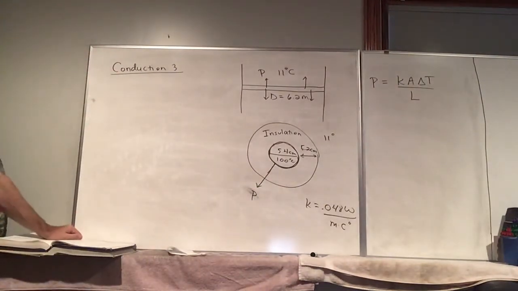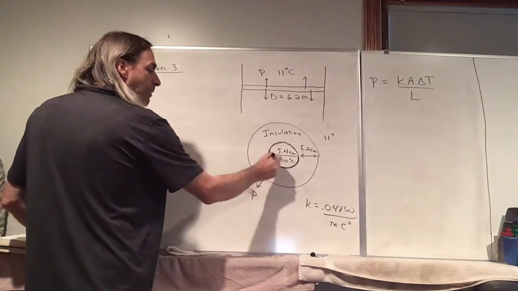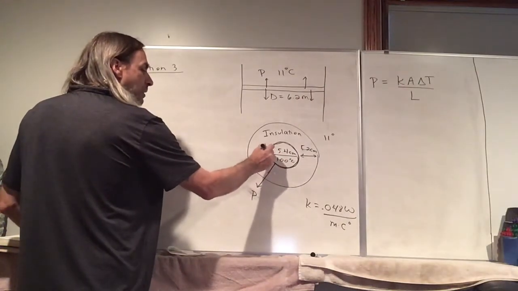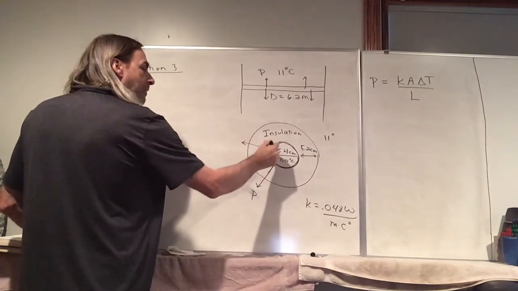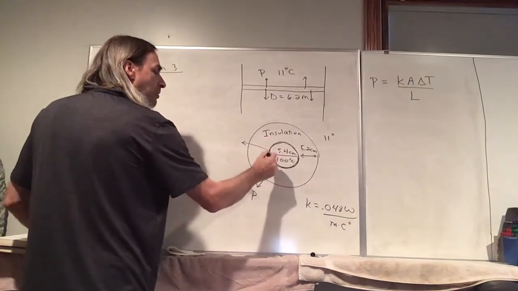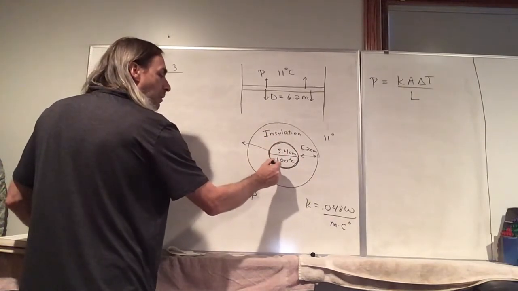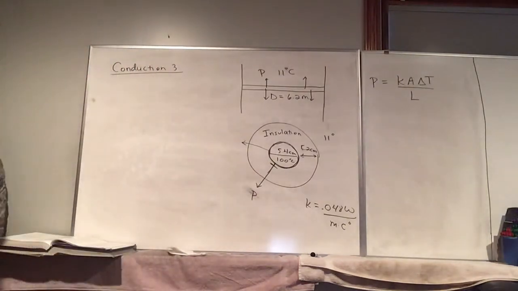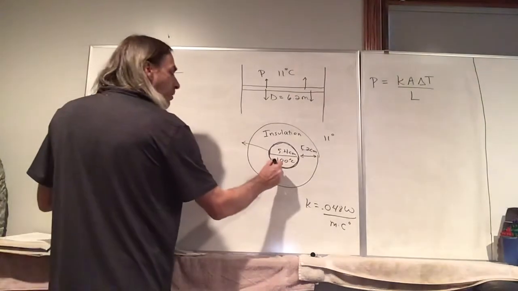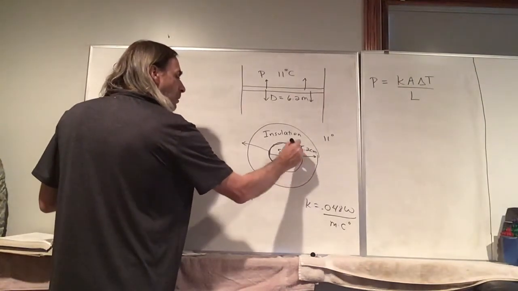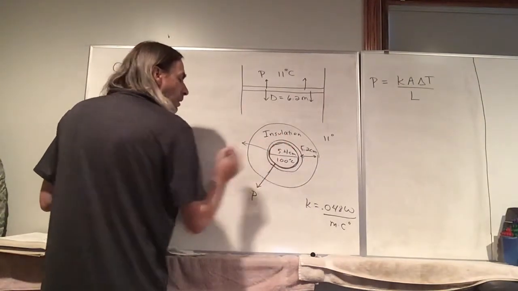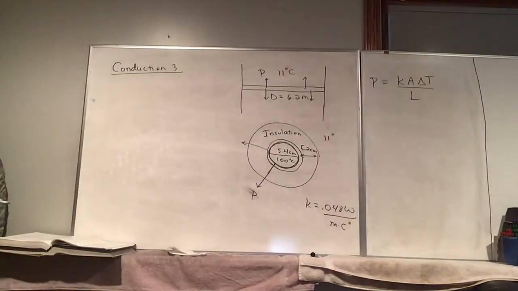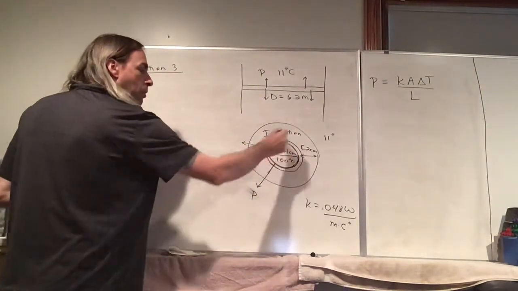The problem is with the cross-section A. Because what is A? The cross-section. If you look here, like we've got heat flowing in all directions. And so if you look at this layer here, let's look at this first layer here, which has a very thin thickness. The cross-section area would be just like the area of this circle here.